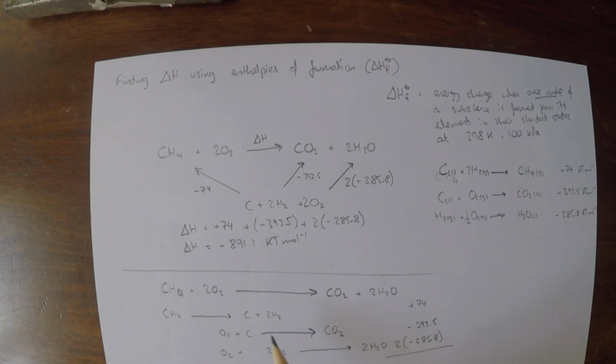So now we have the reverse energy for the formation of methane, since we are breaking our methane down, the energy of formation of carbon dioxide, and the energy of formation of 2 water molecules. We can now add together these values, and again the result is minus 891.1 kilojoules per mole, which is the enthalpy change of our overall process to go from this side to this side.